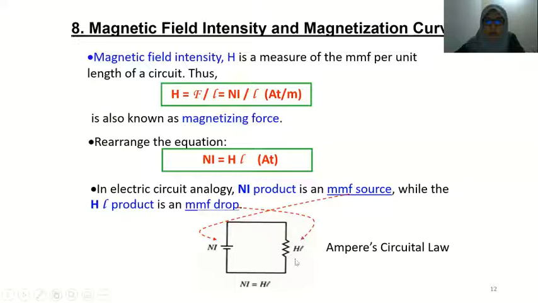In electricals, the drop is your IR, V is equal to IR. Same with this one: H times L is equal to the MMF drop. So HL is a drop, and NI is your source. This analogy is so-called Ampere's second law.